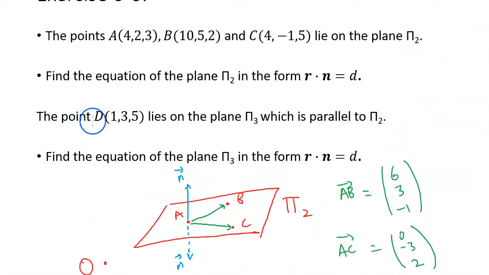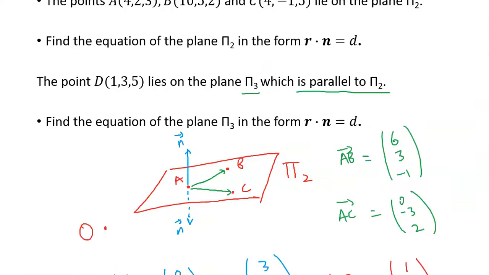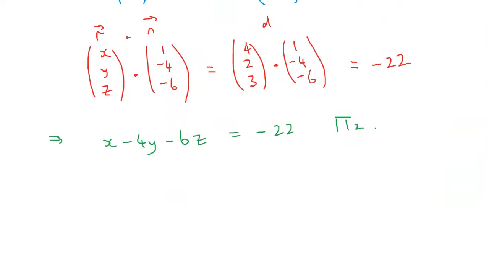Right, and next up, we're told that the point D, which is 1, 3, 5, lies on the plane pi3, which is parallel to pi2. So pi3 is parallel to pi2. That means that any vector that is normal to pi2 is also going to be normal to pi3. So we already know that the equation of pi3 is going to look like this.